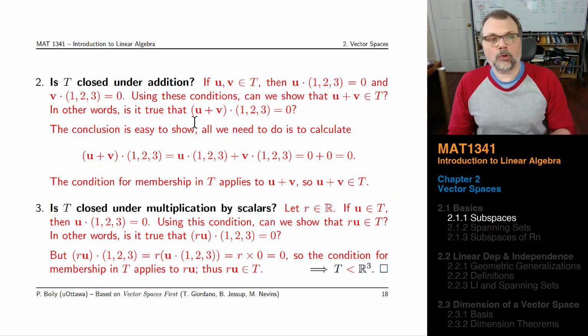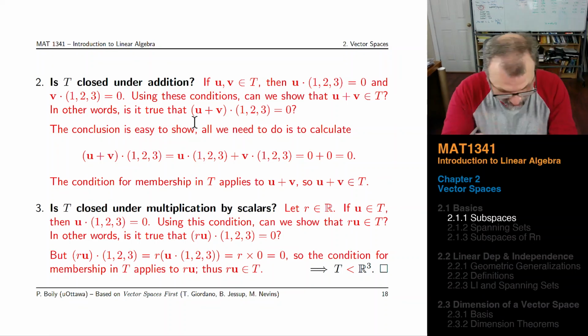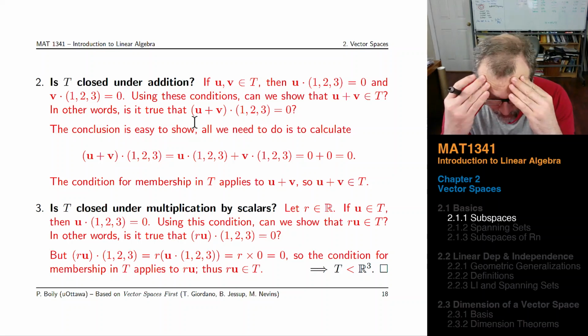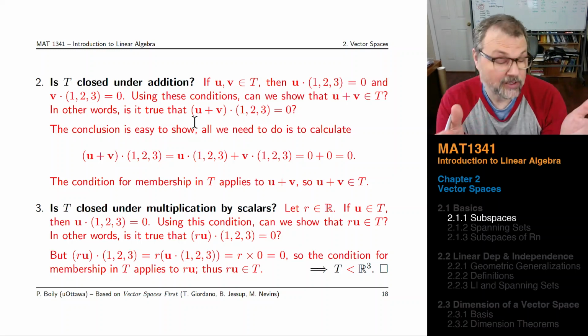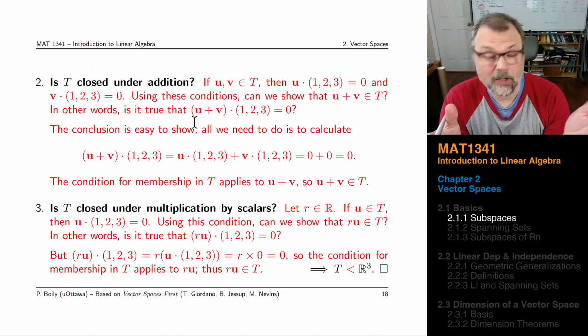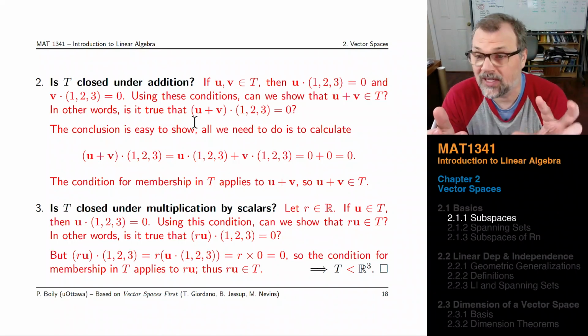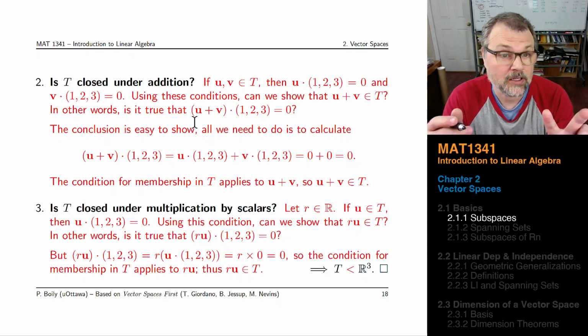Is T closed under addition? I remind you, you do not want to just test it out with specific vectors in T, especially here since we don't really know a vector in T. Oh, we know (0, 0, 0) is in T, but that's not a very interesting vector, is it?